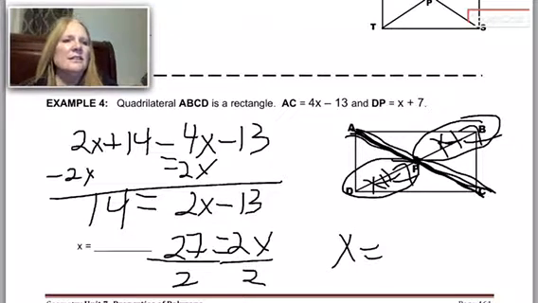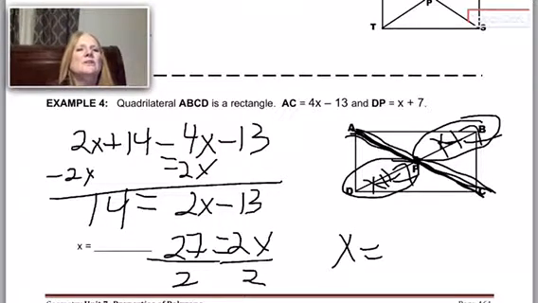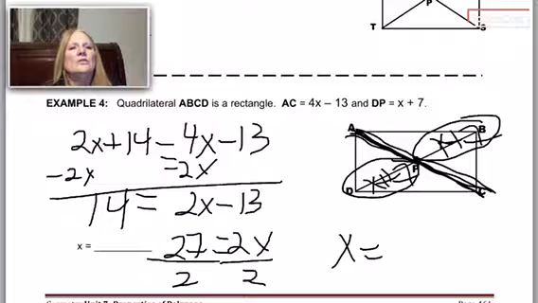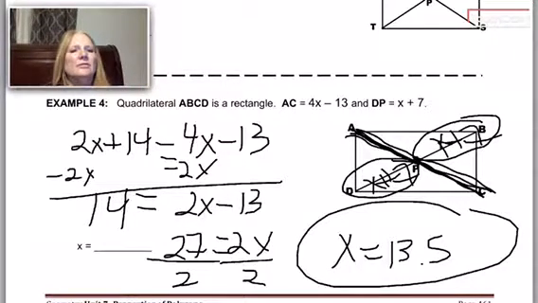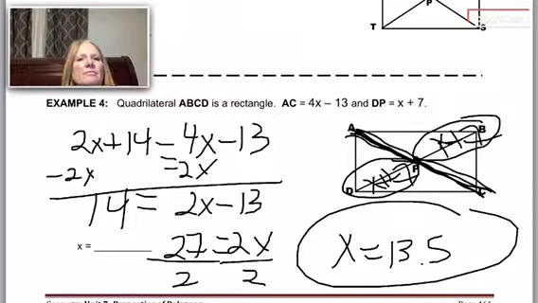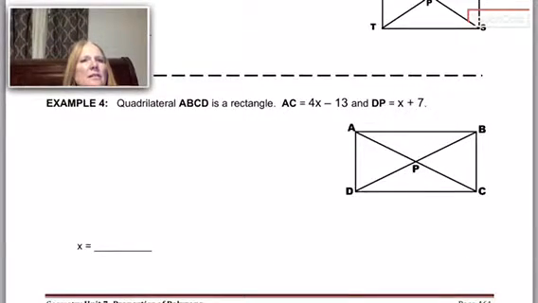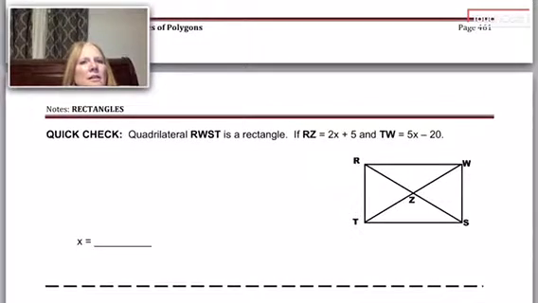And so x is equal to 13.5. Okay? Go ahead and pause and do the quick check yourself, please.